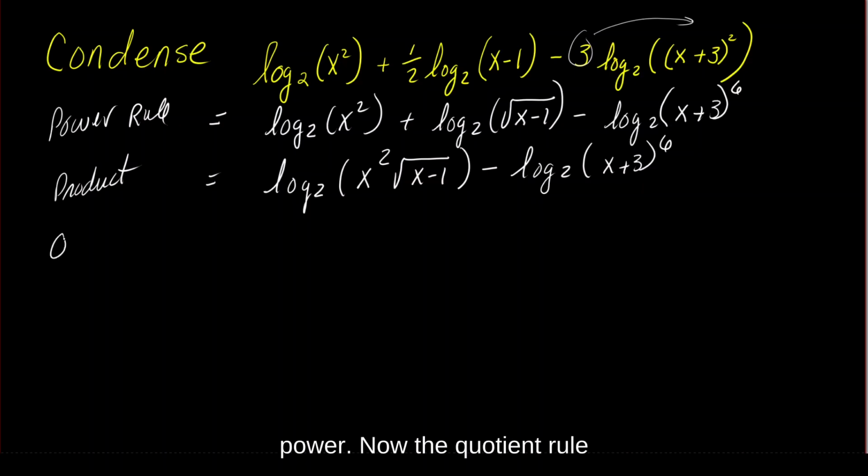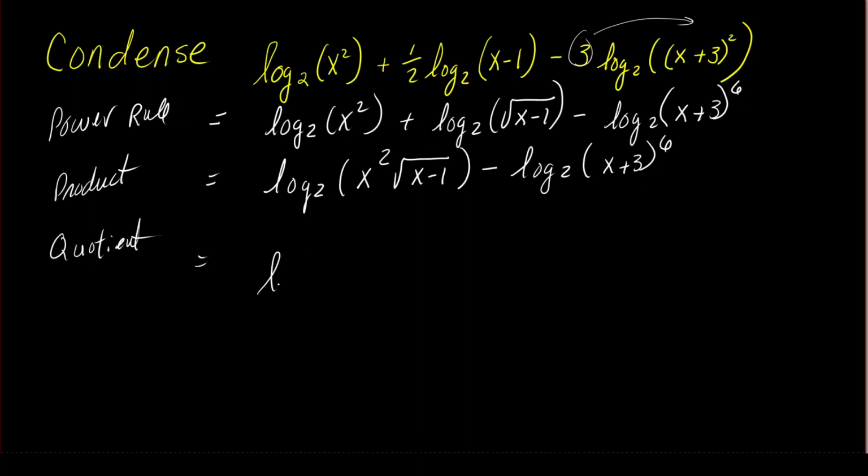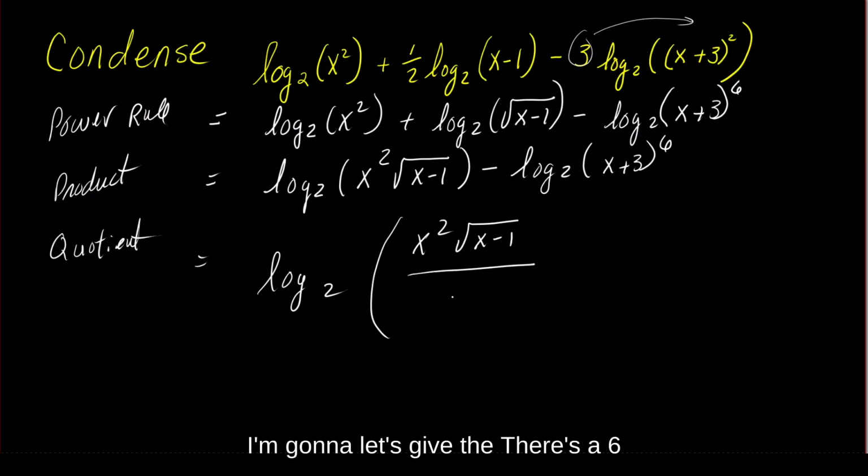Now the quotient rule. So I'll say the log base 2 of x squared times the square root of x minus 1 over x plus 3 to the 6th power.